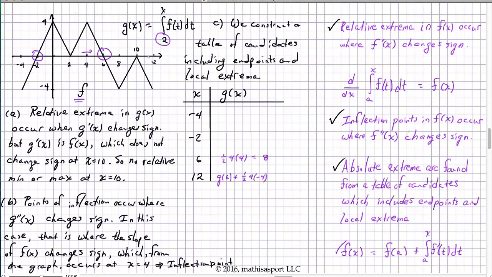Now we have to go to 12. 1/2 the base, that's 2, times the height, again, -4. So that value comes out to 8 minus 8, that's 0, and now -4. Final answer for 12 is -4.